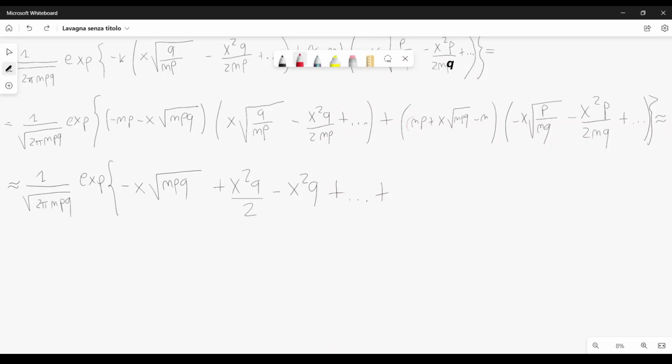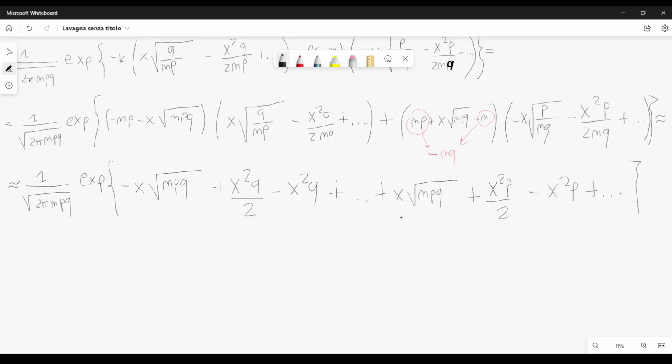Plus, then here I will have to multiply this with this, but first let me put together np minus n. np minus n is n times p minus 1, so that's minus nq. When I multiply minus nq with minus x square root of p over nq, I will get plus x times the square root of npq, and then I will get plus x squared p over 2, which comes from the multiplication between minus nq and this second term here, and then I get minus x squared p, which comes from the multiplication between this one and this one, and I have higher order terms.